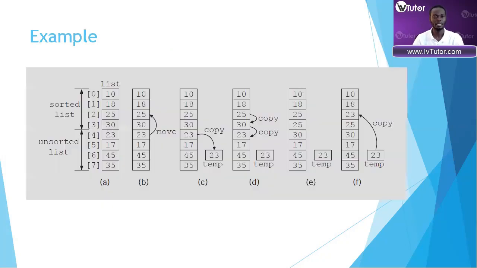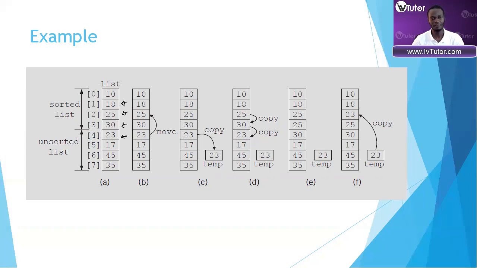Let's just see how you would apply it. If you've got a list that looks like this list here, you would start by looking at the second index, and then you say, well, can we move 18 up? In this case, you cannot. We have already applied insertion sort for these three here, which means we have already looked at the second index, the third index, and the fourth index.